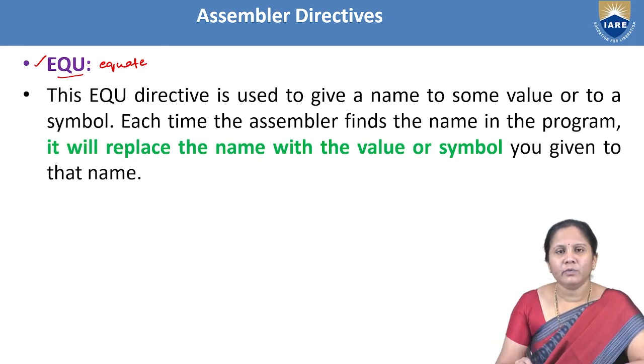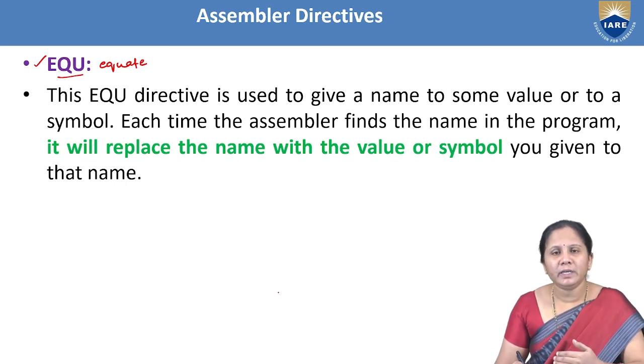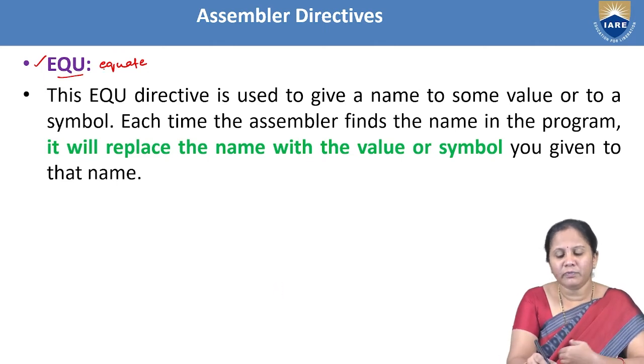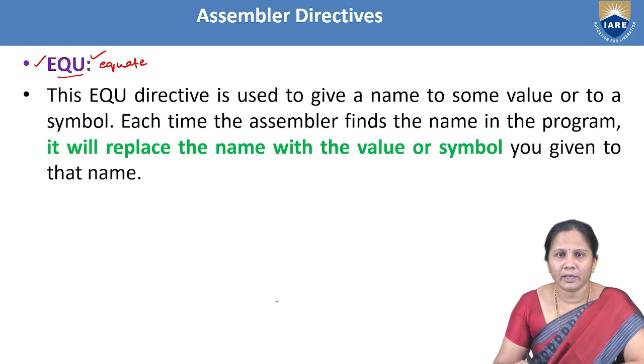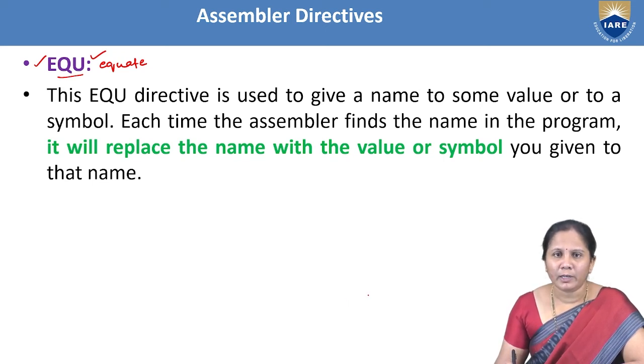Why? Because if we want to change any symbol or any value in the program, it should be declared to some name. If you use EQU with that name, then wherever the name is there in the program, if you change that value at the starting, in the entire program that particular name will be changed to that particular value.